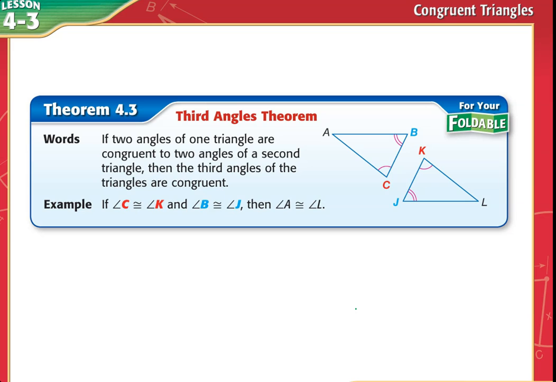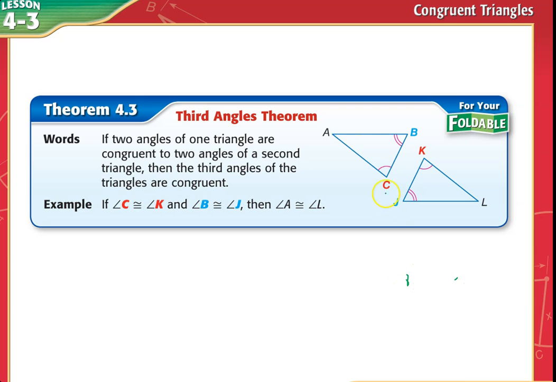Okay, third angles theorem. What is this? So it looks like if two angles of one triangle are congruent to two angles of the second triangle, then the third angles of the triangles are congruent. Okay, well, that should make sense, right? Because the sum of the angles of a triangle is 180 degrees.